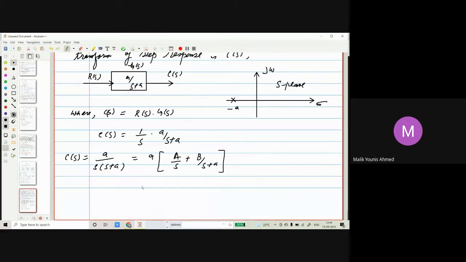Let me write it like this. So C of S will be now equal to, A and A get cancelled, so this will go on the other side. So this will be A into S plus A, plus B into S.